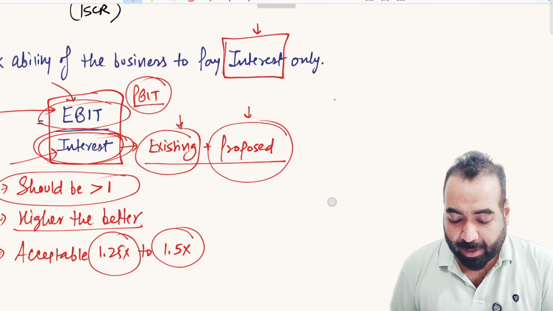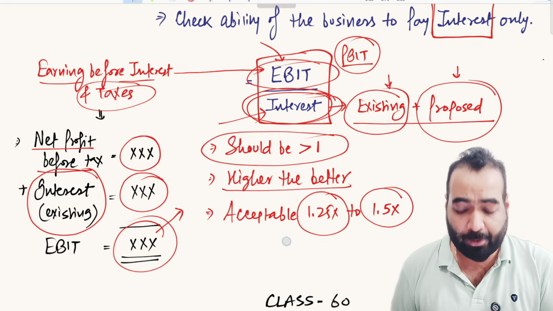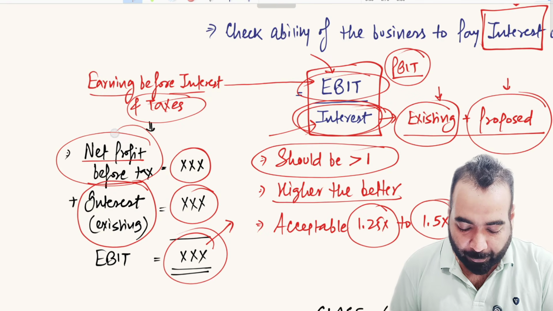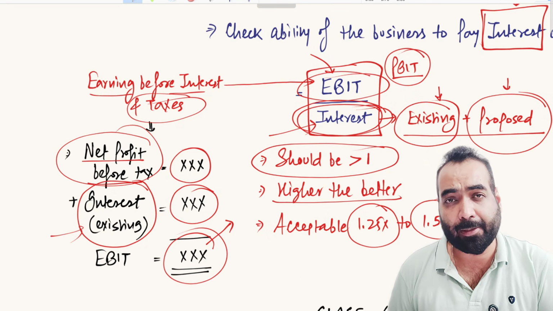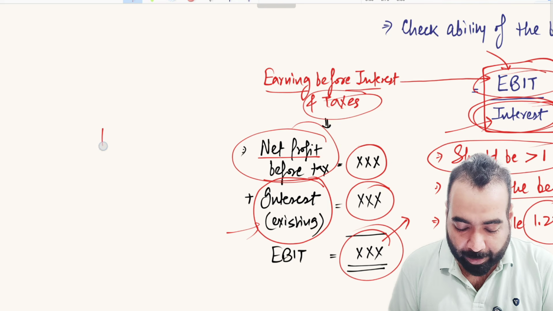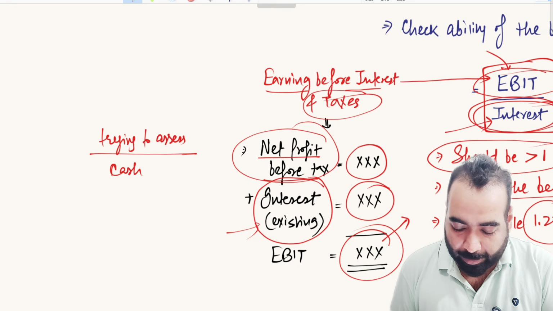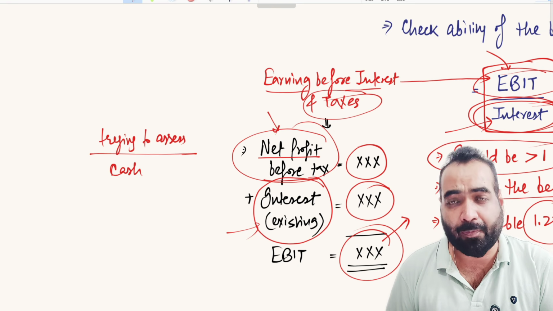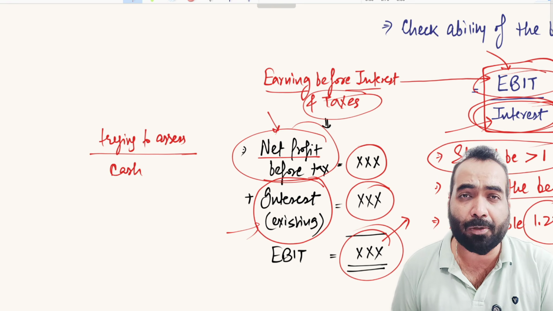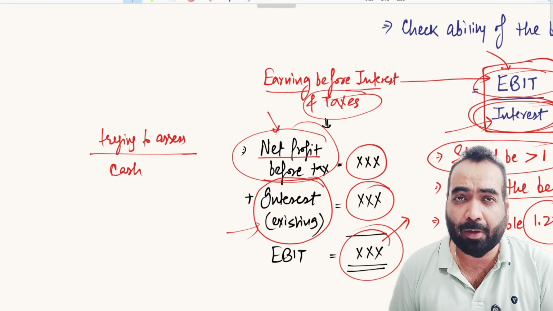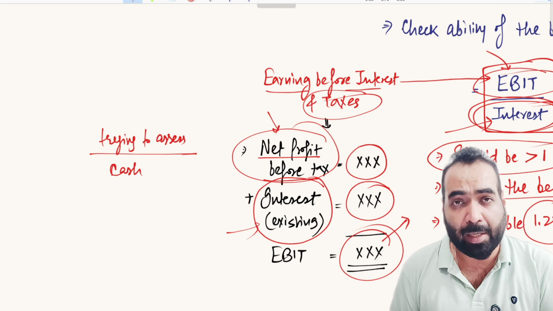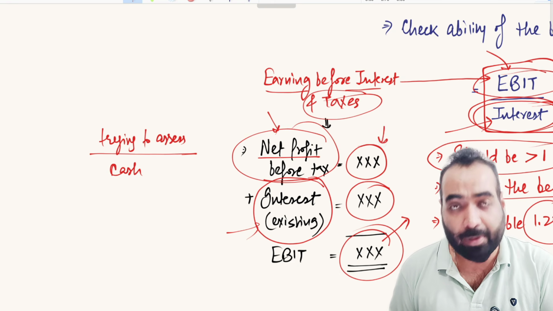One of the major drawbacks that I have seen in the calculation of this ratio is that we are taking only net profit before tax and adding back the interest to it. We are not trying to assess the cash profit of the entity. These net profits are not the cash profits. There are non-cash expenses also which are debited in the profit and loss account, after debiting of which we have come to this figure.